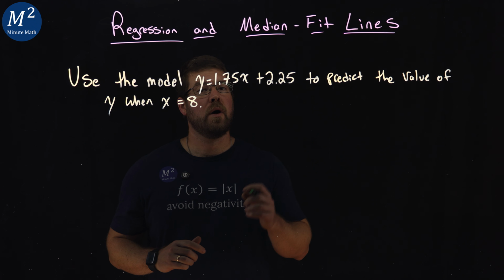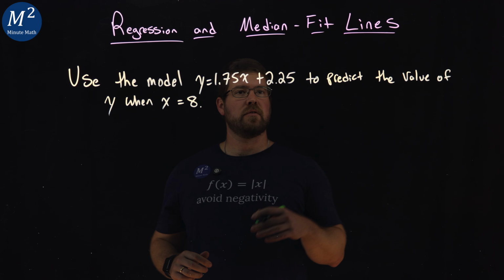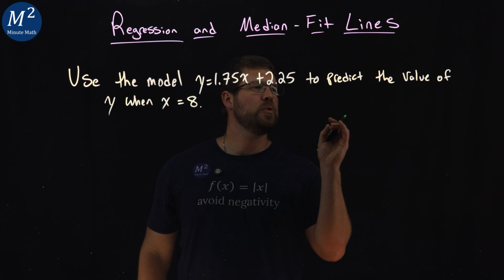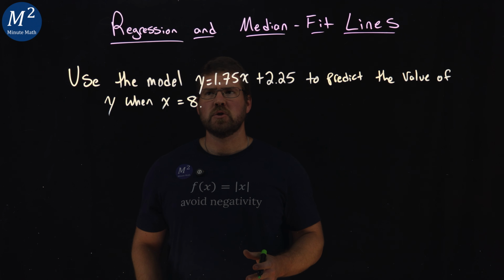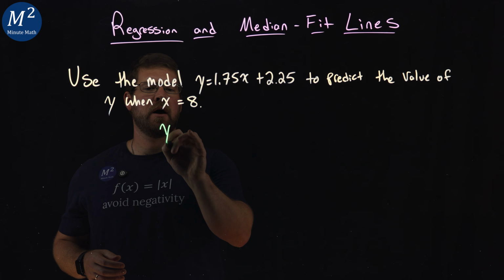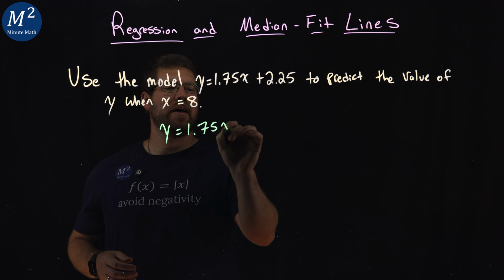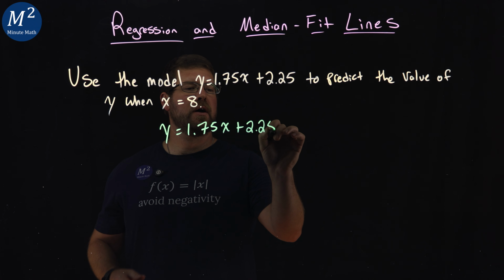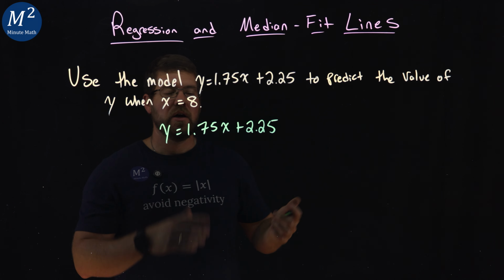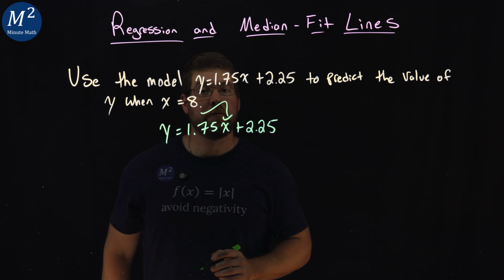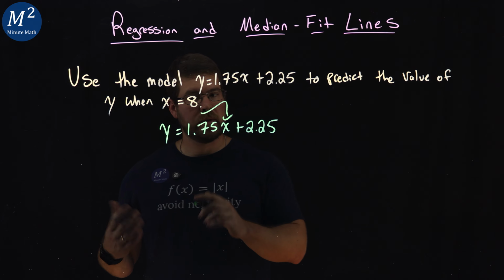Use the model y equals 1.75x plus 2.25 to predict the value of y when x equals 8. So we're given our model here, y equals 1.75x plus 2.25, and we're going to predict the value of y when x equals 8. So we're going to take this 8 and plug it in for x and see what the y value is.